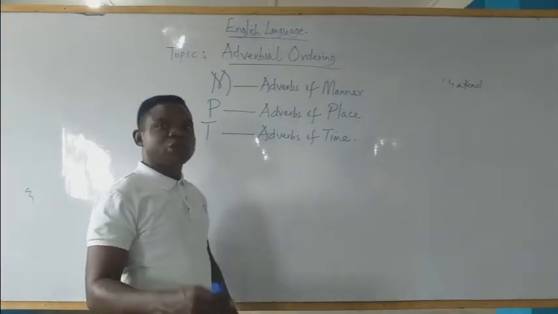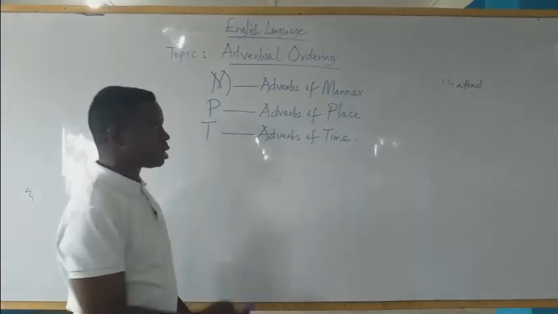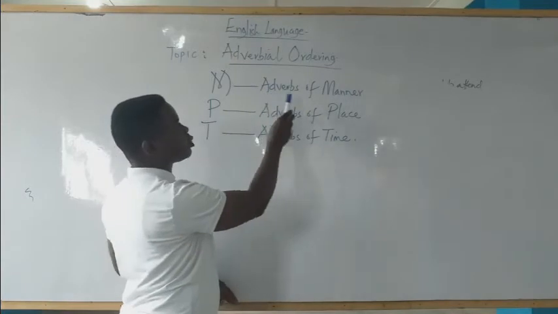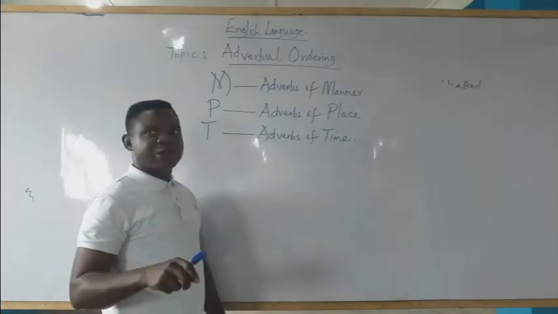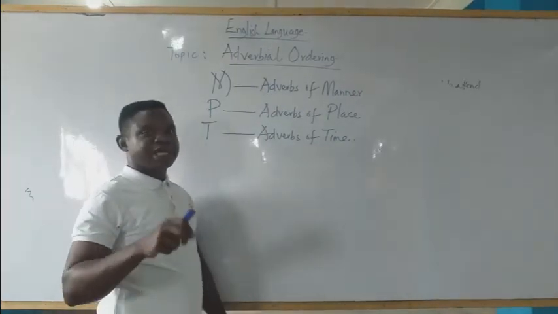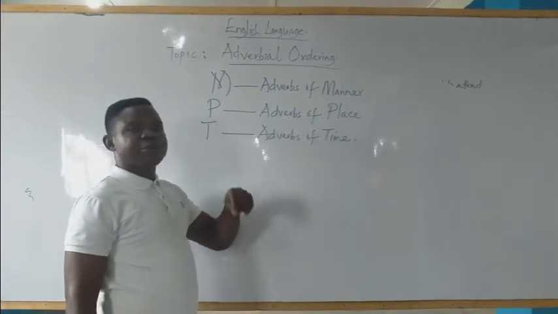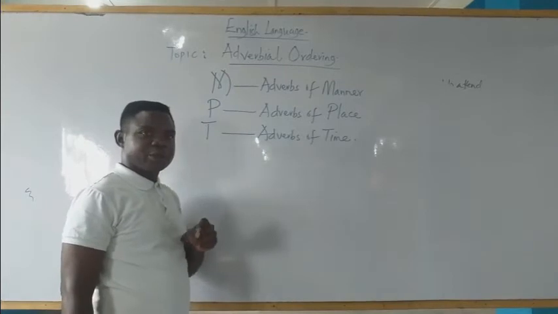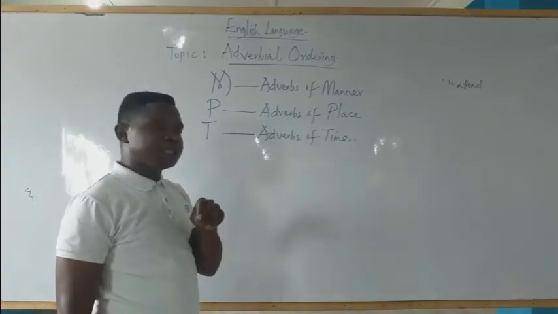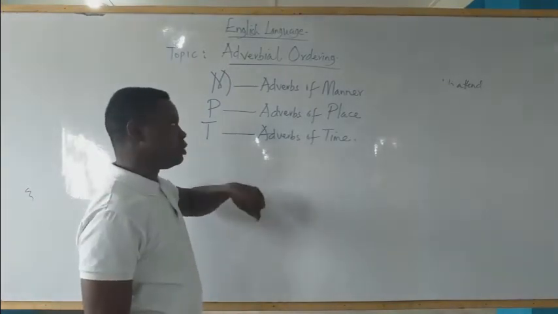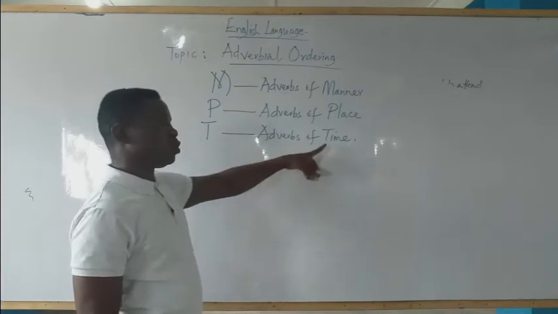So in your order of arrangement, it is the adverbs of manner that will come first, followed by adverbs of place. The last adverb that will come there will be adverbs of time.